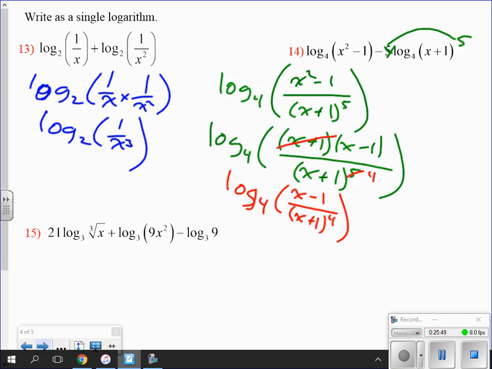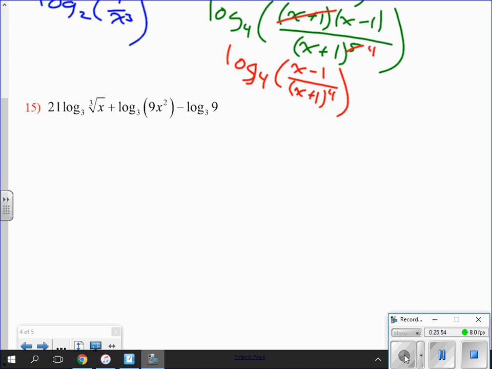Okay. Do the next one. Here we go. First thing, take your radical, rewrite it as a fractional exponent, 1/3 power. And then take any numbers you have out in front and bring them up. So that would be 21 times 1/3.